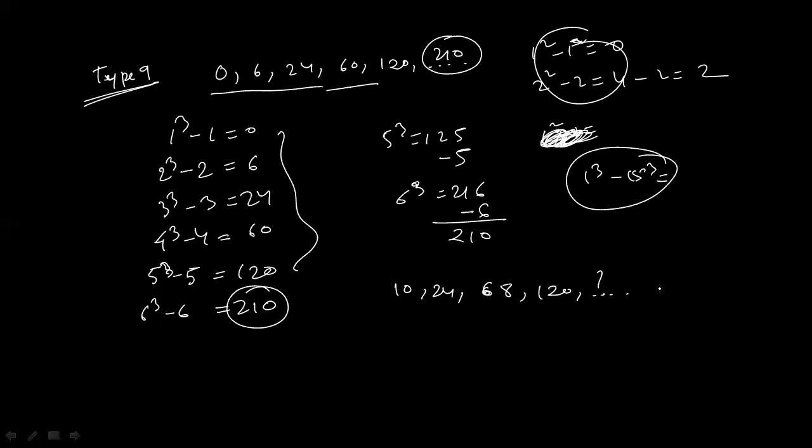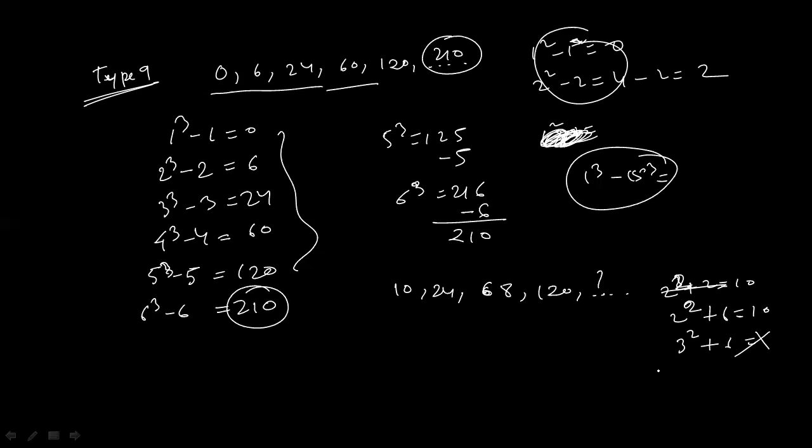It will not be correct. So if you check from 2, suppose 2 cube plus 2 is 10, it is correct. 2 cube plus 2, 10. Suppose square first: 2 square is 4, 4 plus 6 is 10. Then 3 square plus 6, 9 plus 6 is 15, no, it will not.